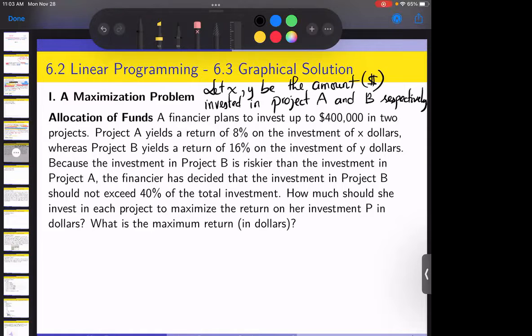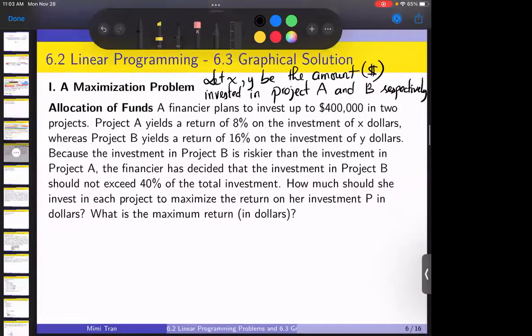It's nice to be clear what you're looking for. Because the investment in project B is riskier than the investment in project A, the financier has decided the investment in project B should not exceed 40% of the total investment.